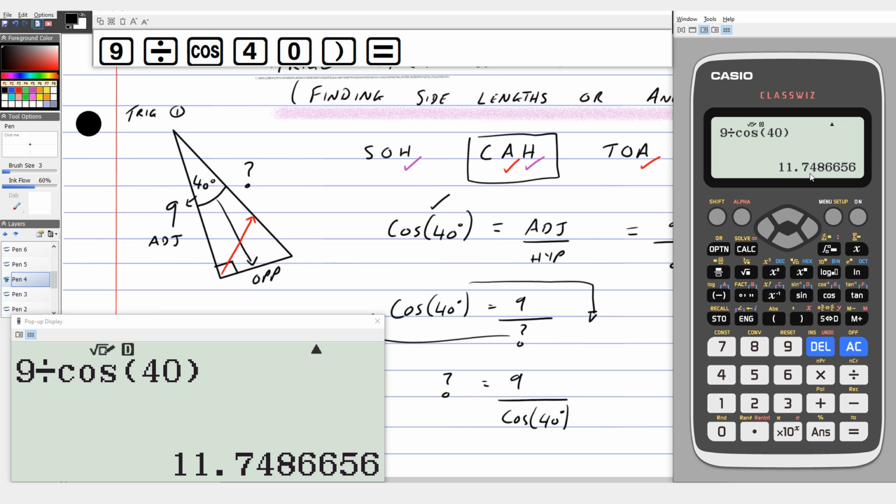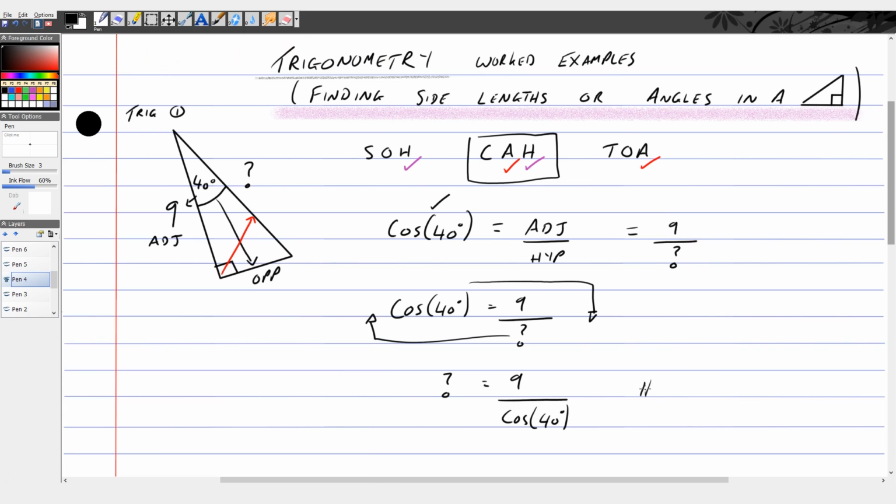So it's actually 11.75 to 2 decimal places. So the hypotenuse is 11.75 units long to 2 decimal places.